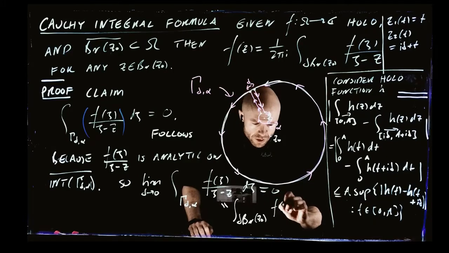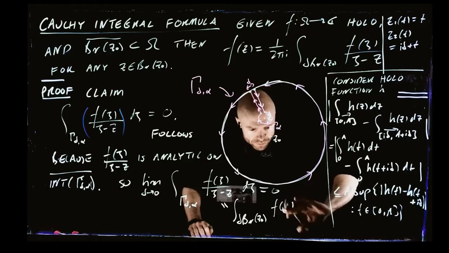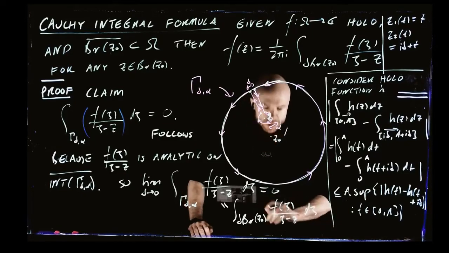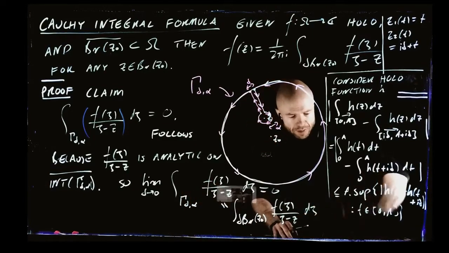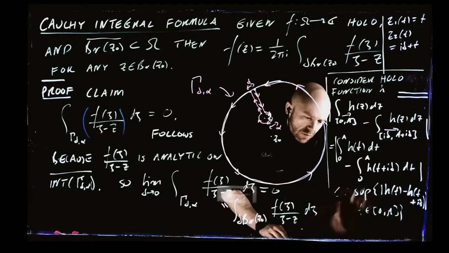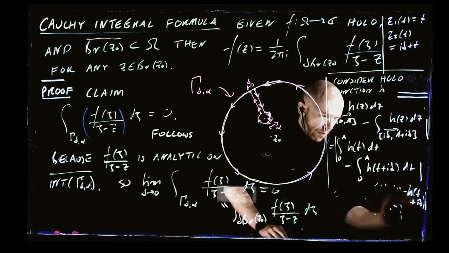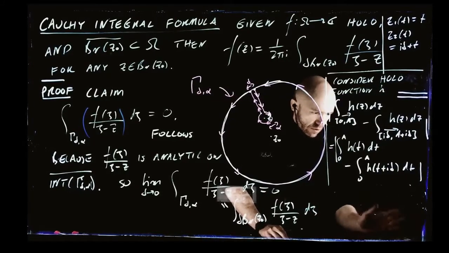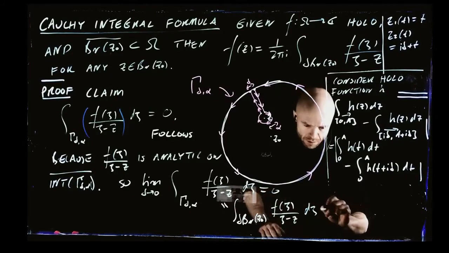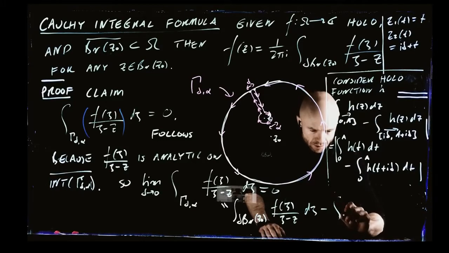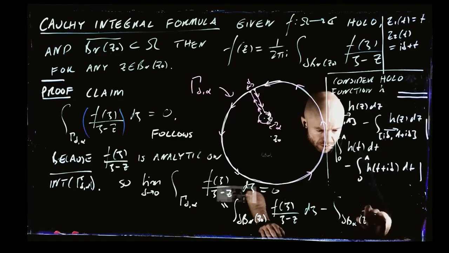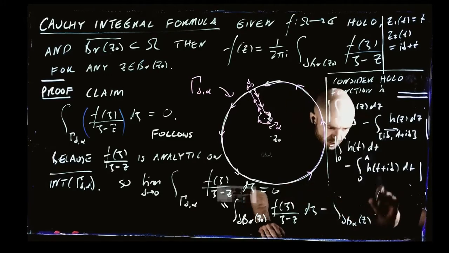This expression, f of zeta over zeta minus z, d zeta, yeah? And then minus the integral of the little circle. And the little circle is radius alpha, but now it's around z, not z0.